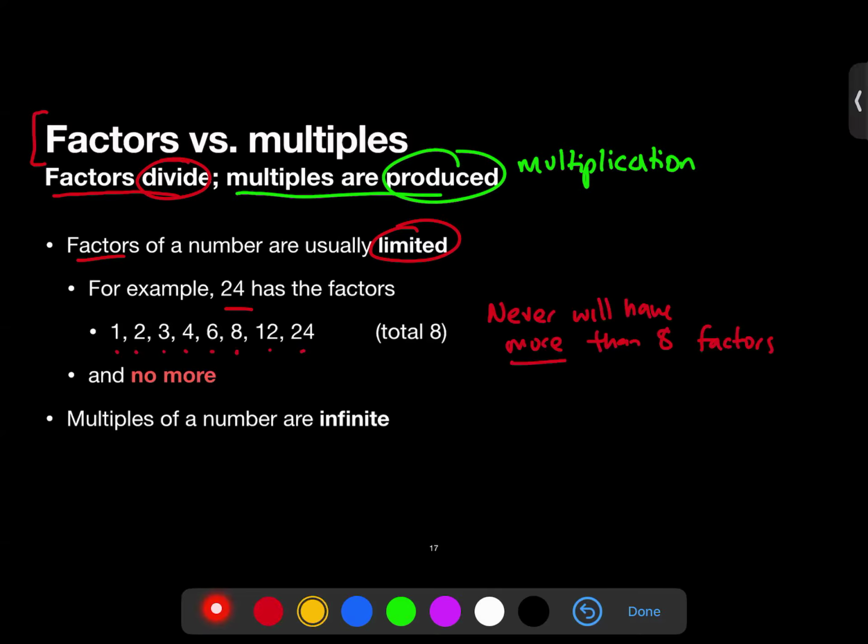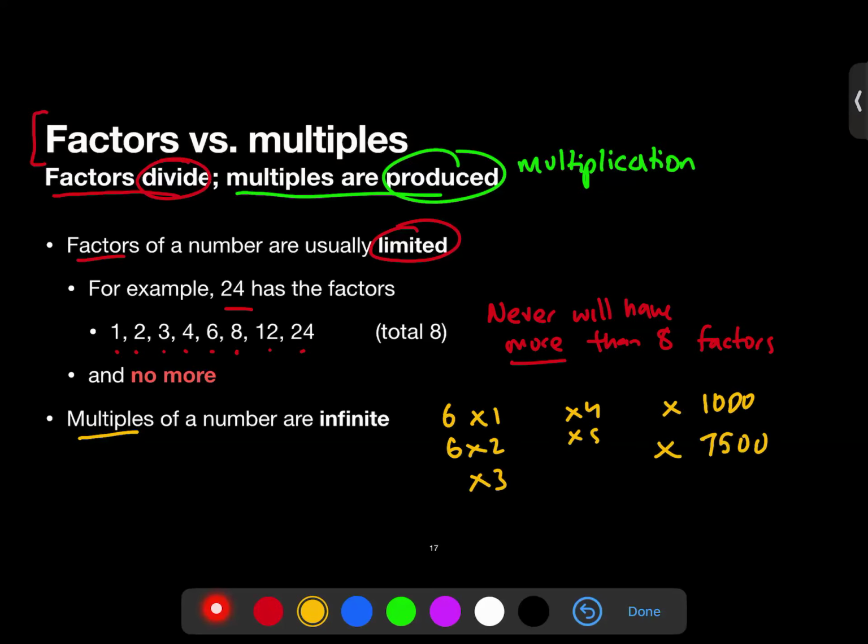However, multiples are infinite, right? Because we have 6 times 1, we have 6 times 2, times 3, times 4, times 5, times 1,000, times 7,500, for example. So the multiples of a number will never end.